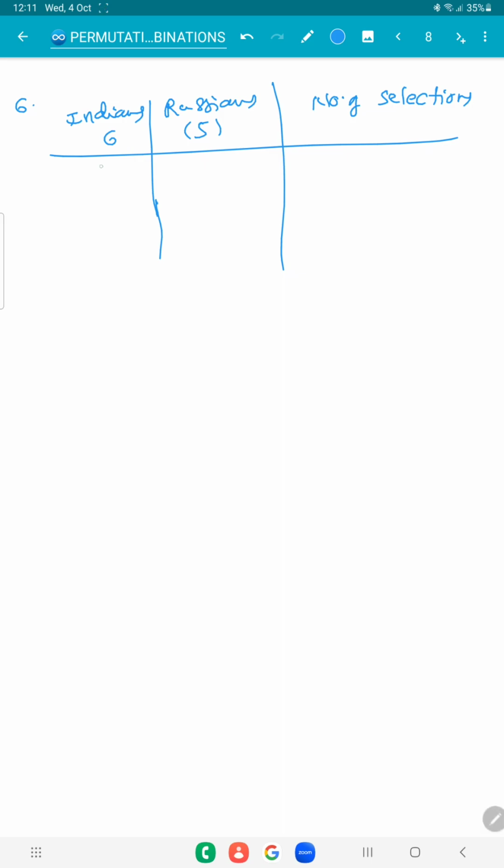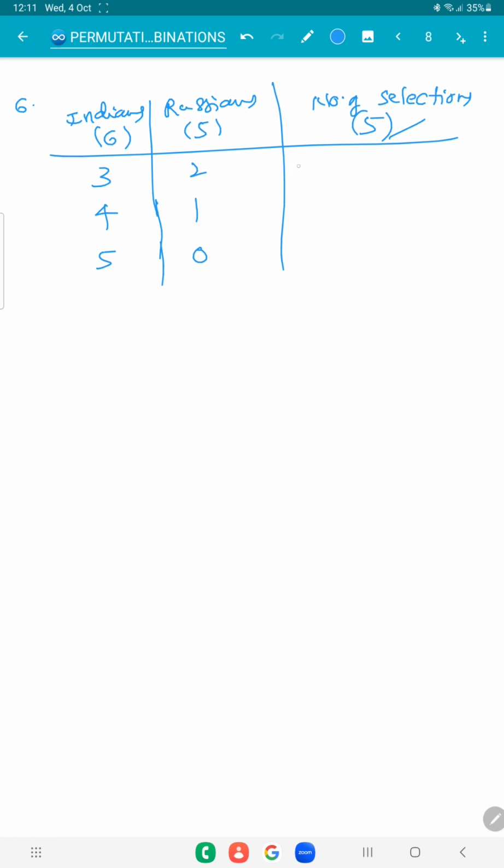Majority of Indians means, 5 members are selected, so let us take 3 Indians and 2 Russians, Indians are the majority. Or 4 Indians, 1 Russian, or 5 Indians, 0 Russians. So we need to select only 5 members at most. So we are done, right?